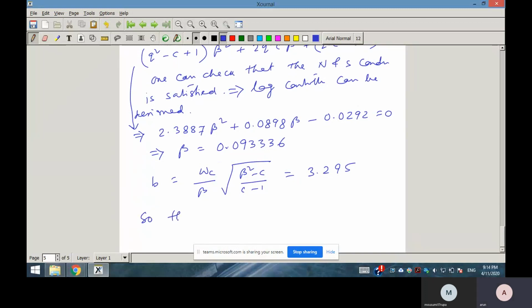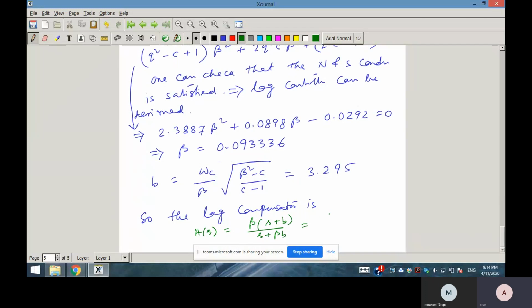So the ultimate answer, the lag compensator, is H(s) equal to beta into (s plus b) divided by (s plus beta b).